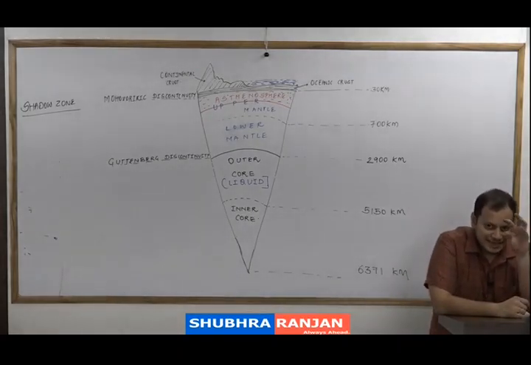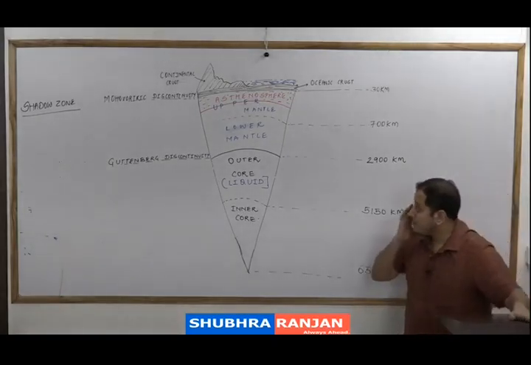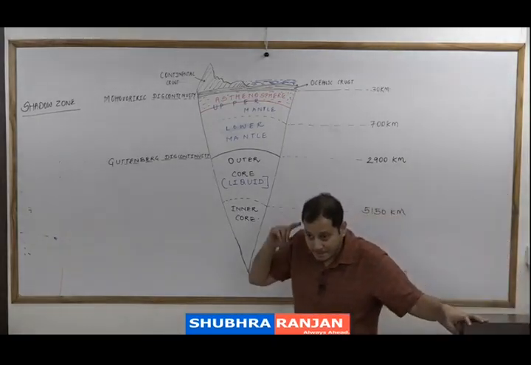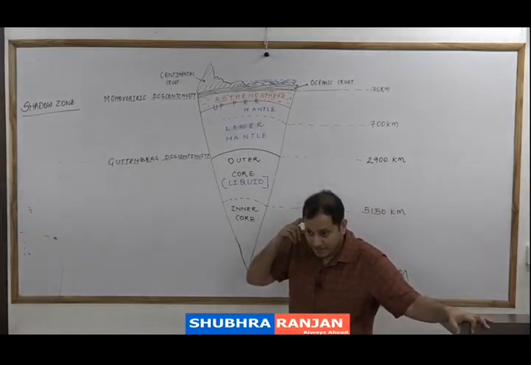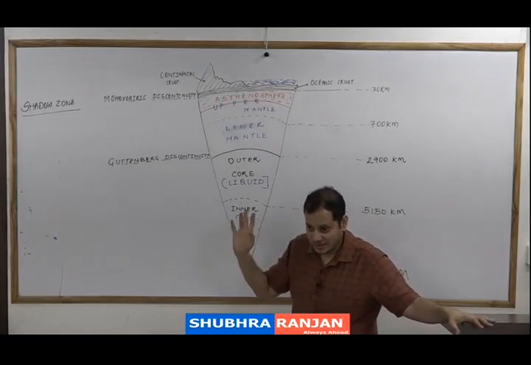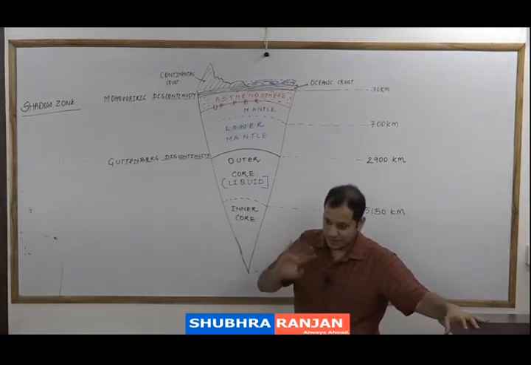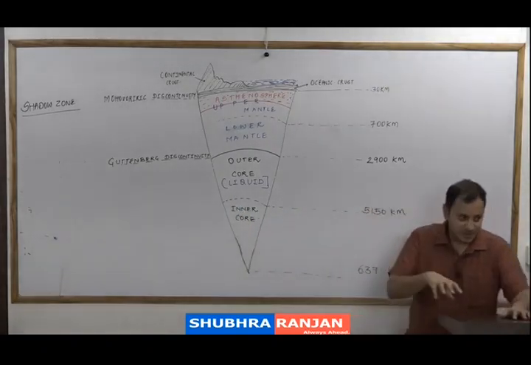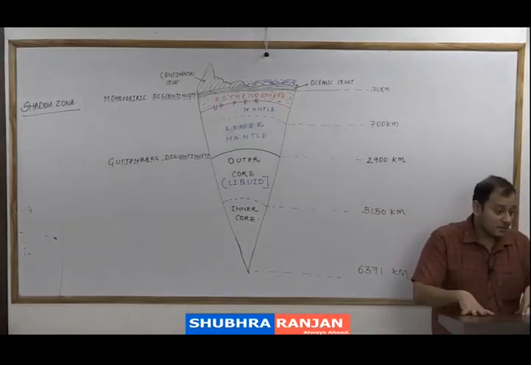So this is the three-layered structure of the interior of the earth. Between crust and mantle, not between oceanic crust and asthenosphere. Between the crust and the mantle.